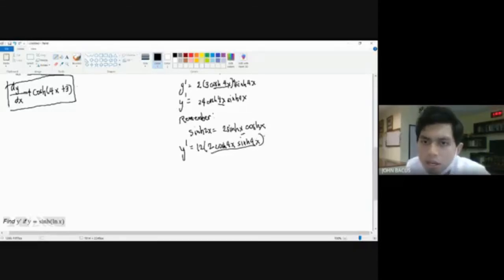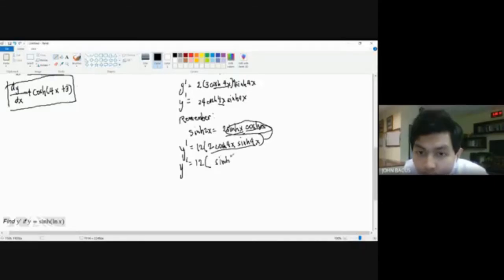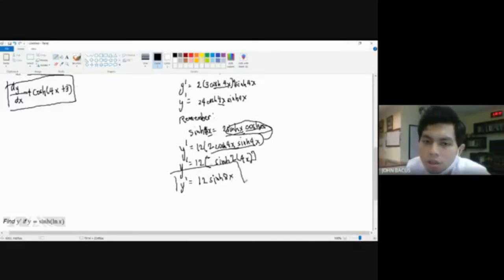It is similar to 2 sine h x cos h x. So we have 12 times sine h of 2 times the 4x, which is 8x. Therefore, this is 12 sine h 8x. And this is your final answer.